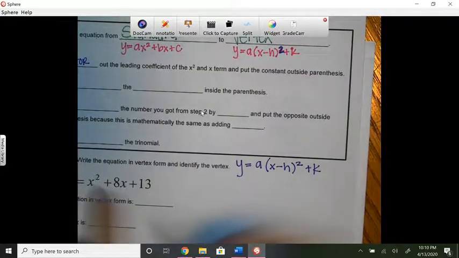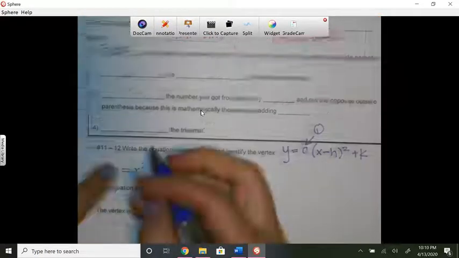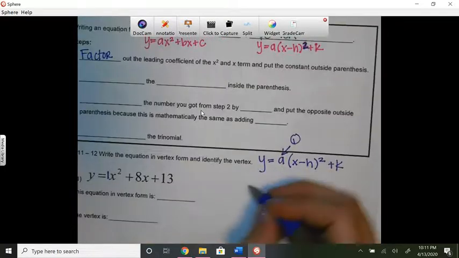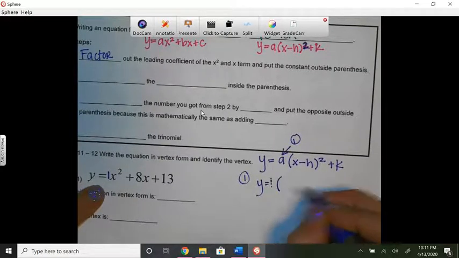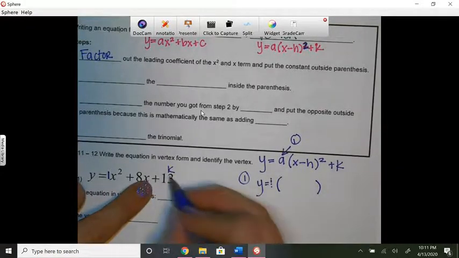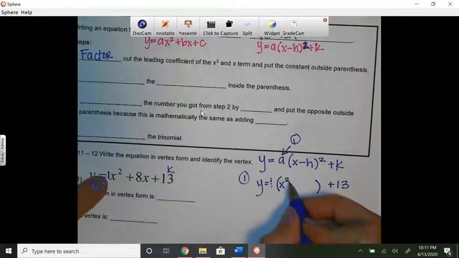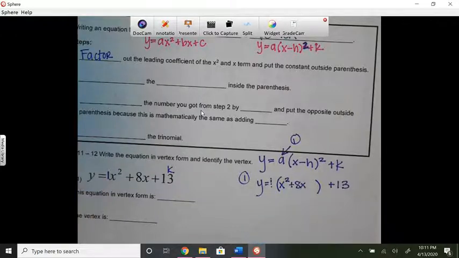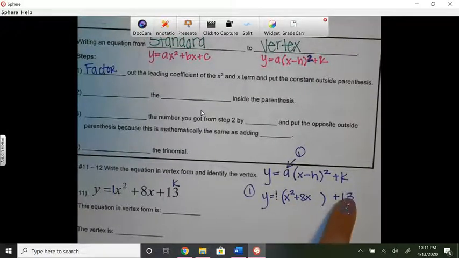So step 1: if there is a number for a, I put the a value, which here is just 1, so I don't need to do anything, in front of parentheses like this. And I want the number without the variable to be here at the end. So I'm going to have the x squared plus the 8x inside here. So that was step 1: put the x's in parentheses, put the one without the x on the outside.